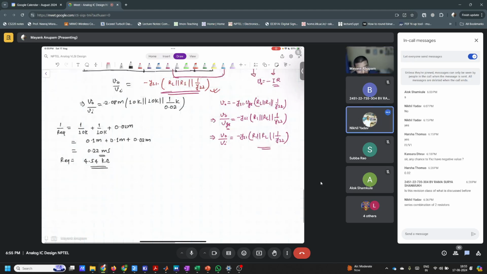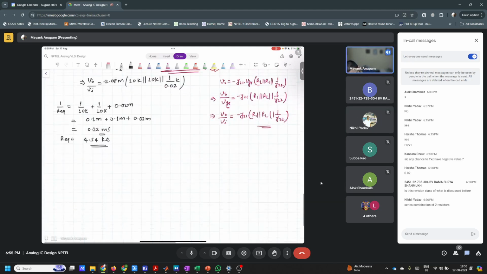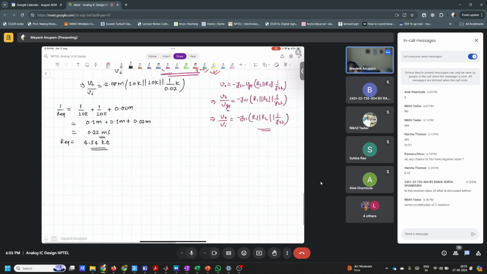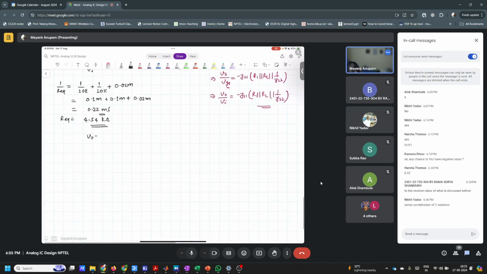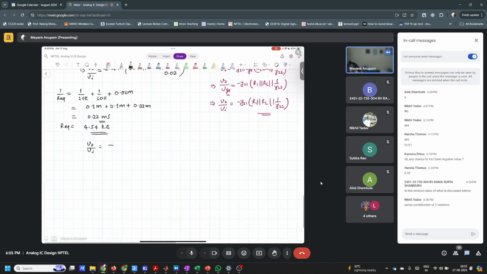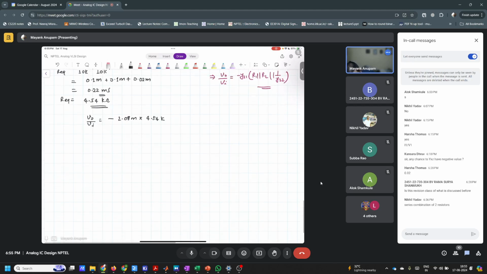Yes. So then what is the value of Vo over Vi? Minus of 2.08 milli into 4.54 kilo, right? So what will that be? Minus 9.45. Got it?